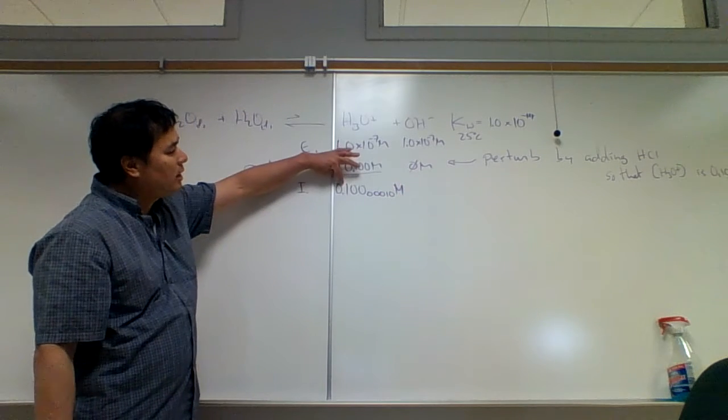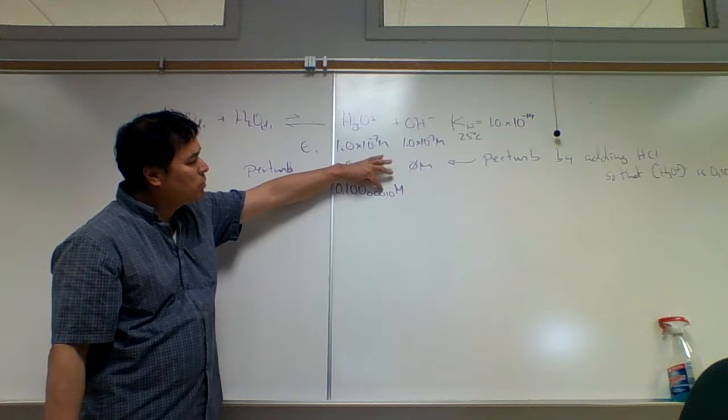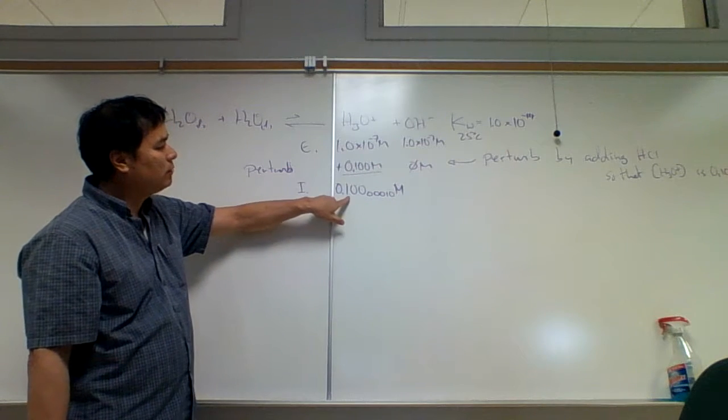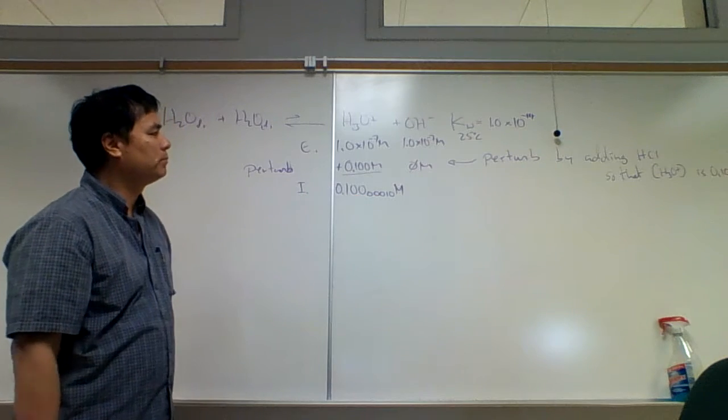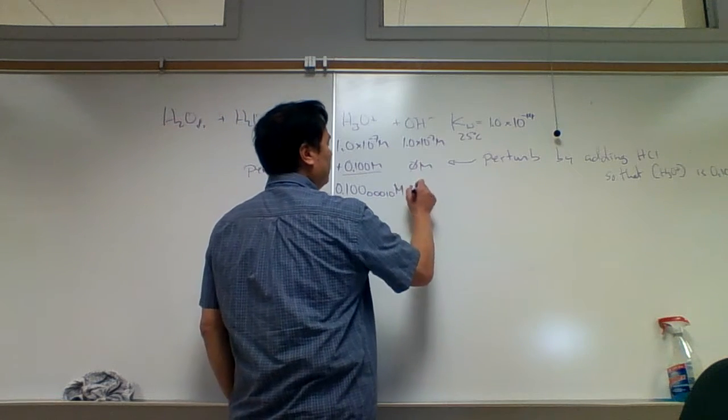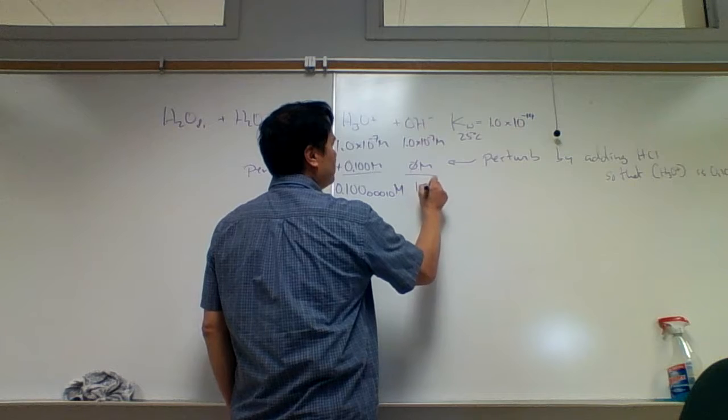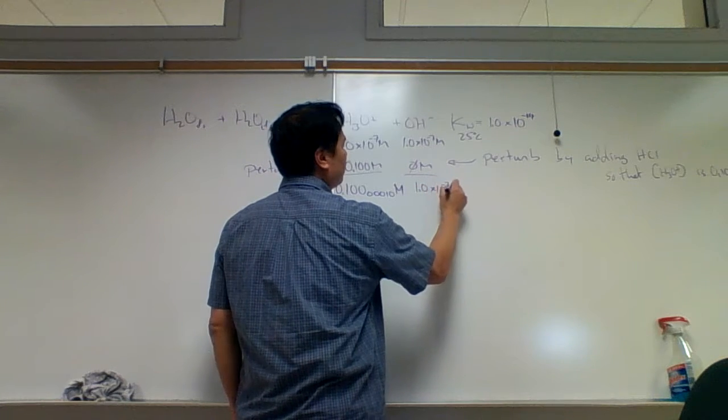And so originally we had 6 zeros and a 1 molar. Now we have 0.1, 5 zeros and a 1 molar. The hydroxide, we carry that down, it's going to be 1.0 times 10 to the minus 7 molar.